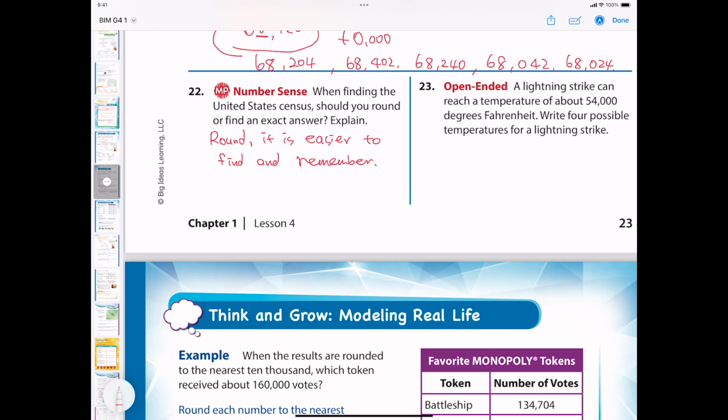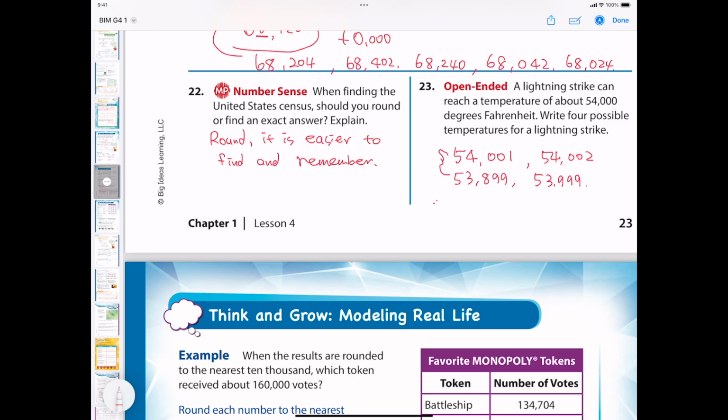Okay, so I'm going to say 54,001. Okay, or 54,002. You can move on, okay? Or even 53,899, or 53,999. Make sense? Yeah. So any numbers you can pick, okay, from what?